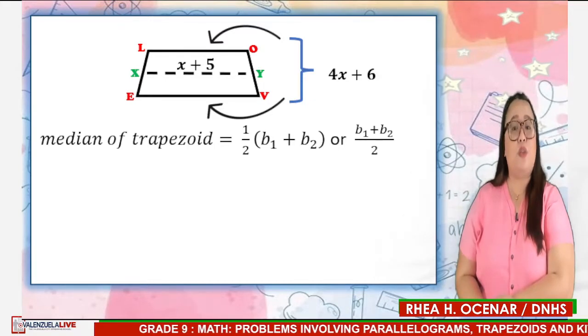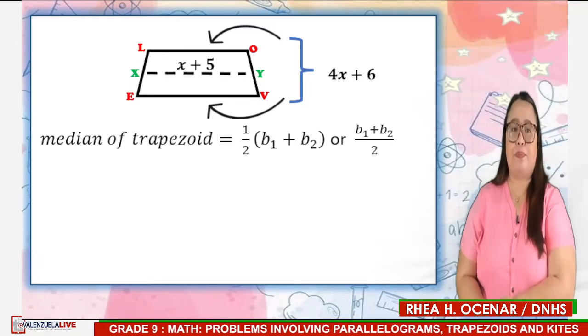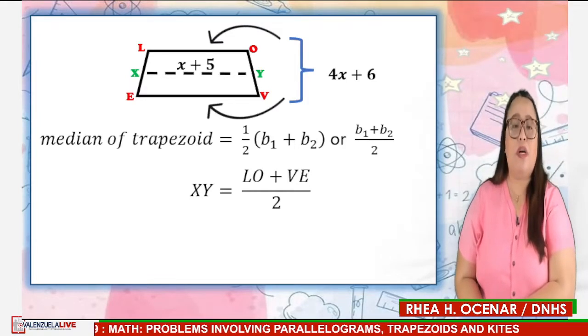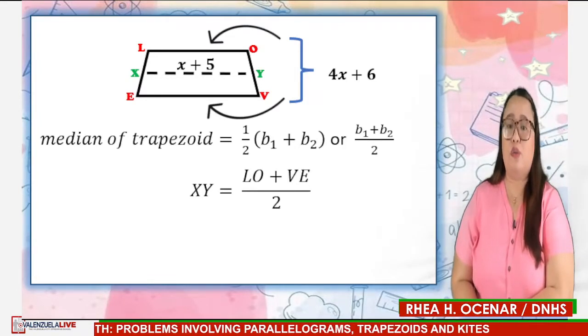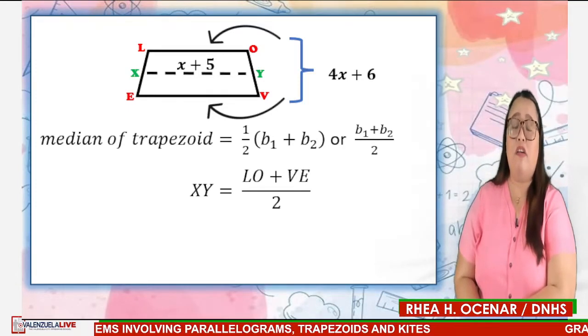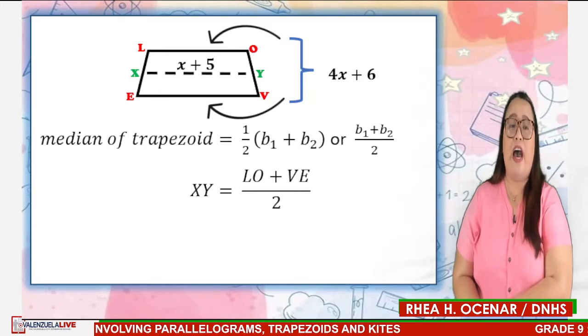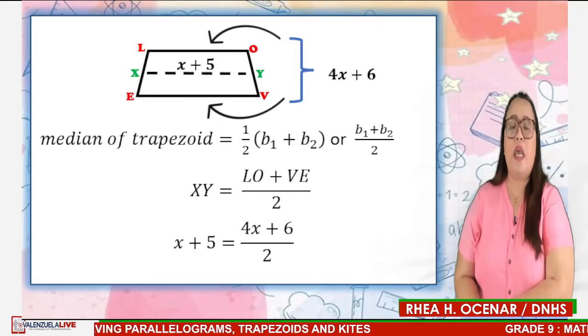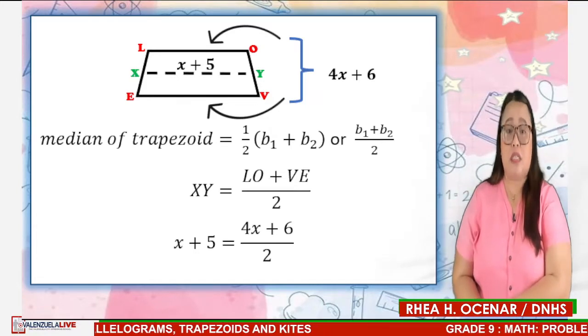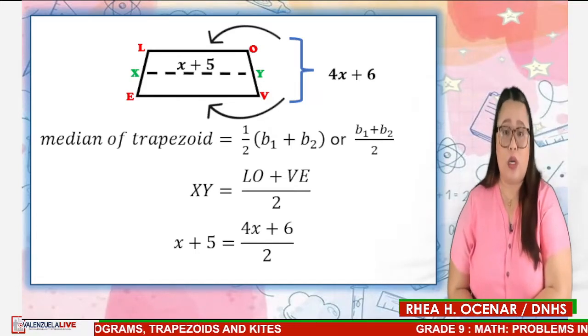So, by substitution, we have XY is equal to LO plus VE all over 2. Substitute the given value of XY and LO plus VE, we have x plus 5 is equal to 4x plus 6 all over 2.